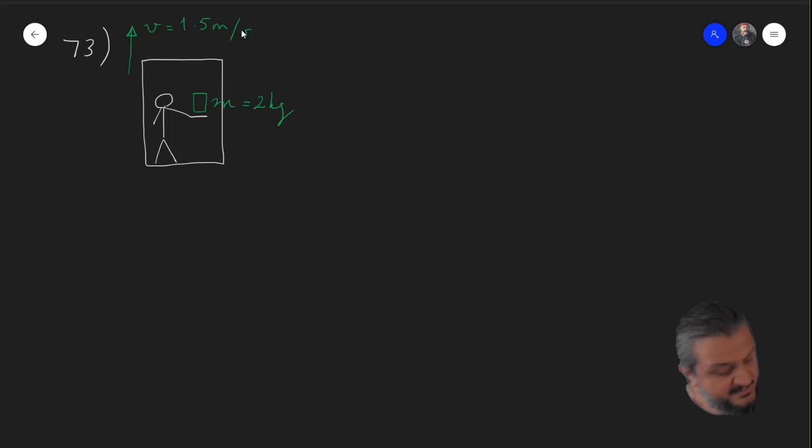I think they meant the force on the stone, not of the stone. So I'm going to draw an arrow here that represents the force that the hand exerts on the object.